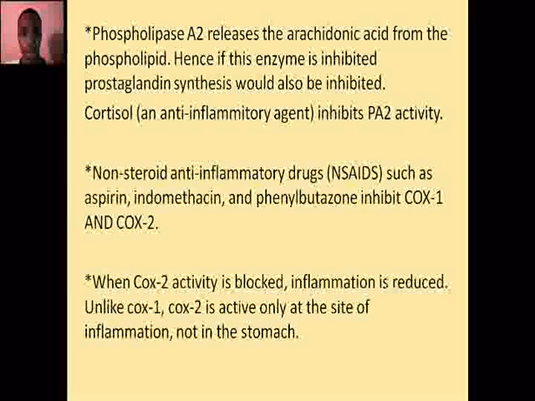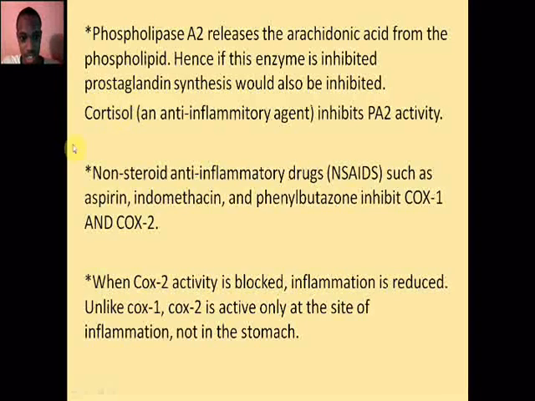So we see that phospholipase A2 takes a phospholipid and cleaves one of its fatty acids off, and this fatty acid happens to be arachidonic acid. So if the enzyme phospholipase A2 is somehow inhibited, prostaglandin synthesis will also be inhibited.